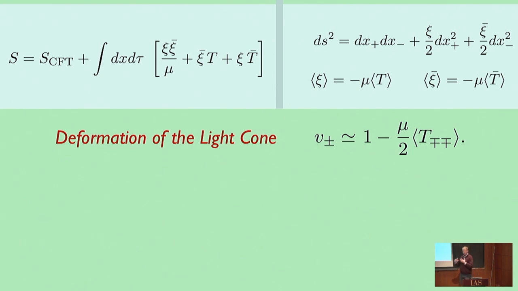Therefore, when you turn on temperature, this saddle point metric will start back reacting to the expectation value of T. And then it seems that the speed of light starts changing, because if the light cone back reacts, then turning on stress energy will make the speed of propagation change.